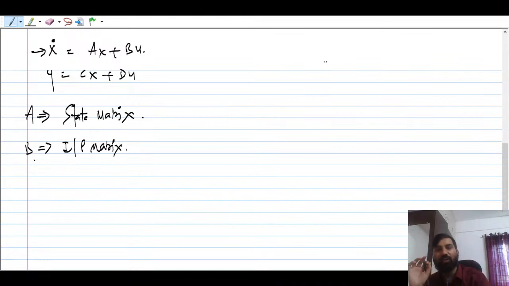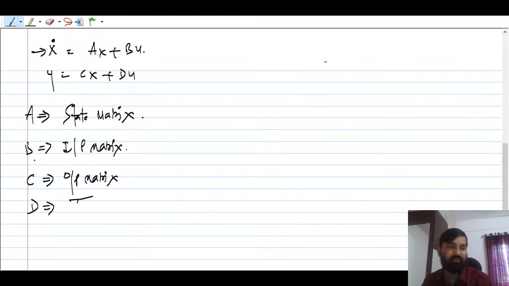If you have good knowledge about matrices, this chapter is for you, right? So A, B, and C is nothing but your output matrix, because this is present in the output equation, right? And D is going to be the transmission matrix.